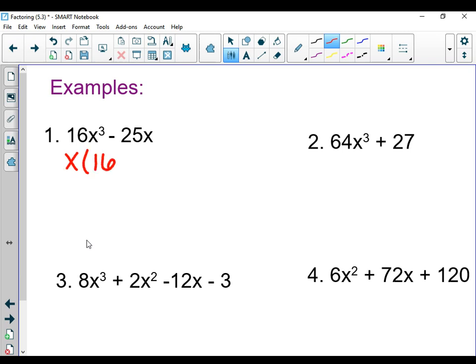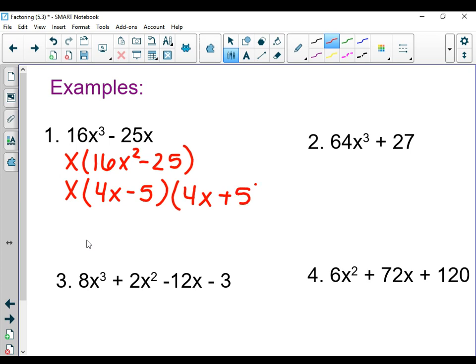Okay, so that's 16x squared minus 25. Difference of squares. So that's x, 4x minus 5, and 4x plus 5. Perfect. Don't forget, when you factor out a greatest common factor, that has to stay.